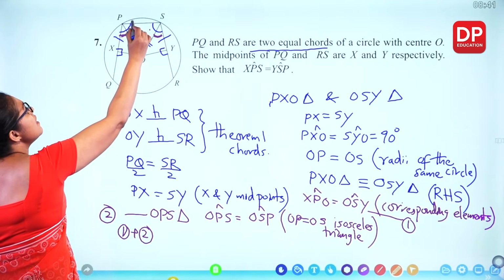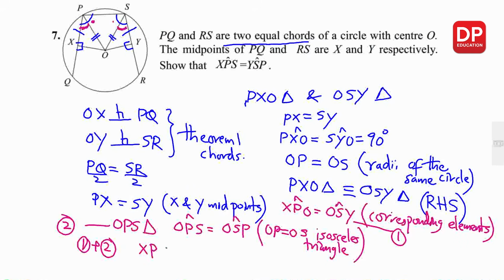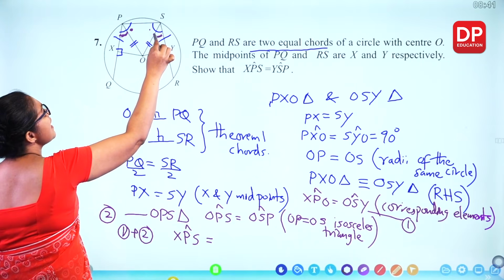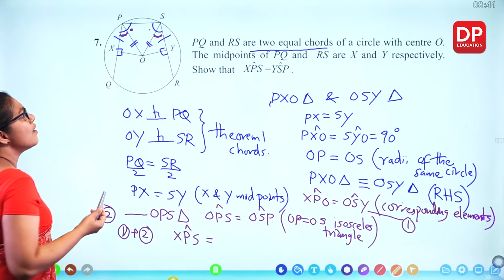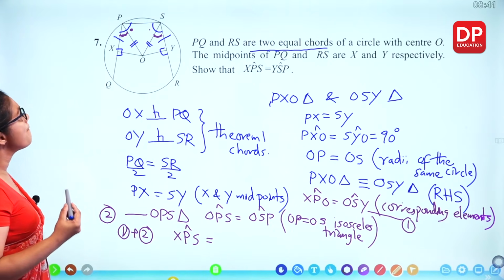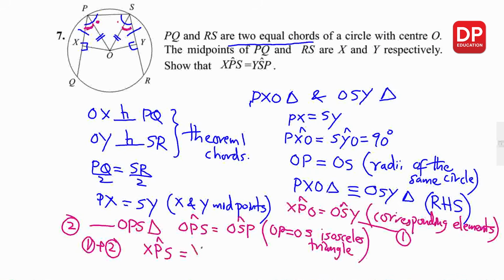You get the full angle XPS. When you do the same thing for the right hand side, OSY, this angle, and PSO angle, what do you get? You get angle PSY or YSP. So these are YSP angles. So these are definitely equal.